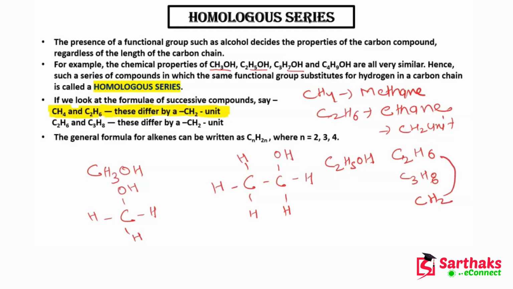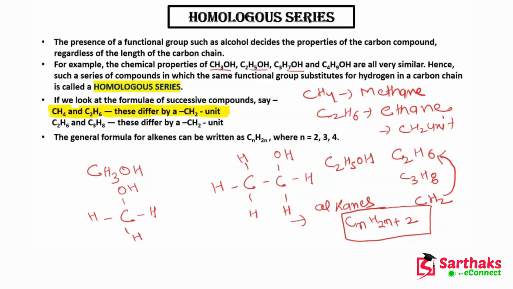If I add CH2 to C2H6, it will become C3H8. So here we can generalize that for all the alkanes, the general formula is CnH2n+2.